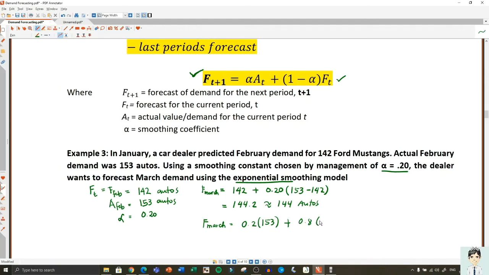Multiply by forecast for the month of February, 142, is equal to the same, 144.24, 144 Ford Mustangs.